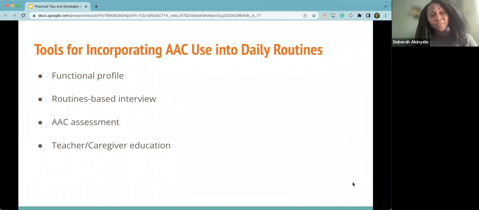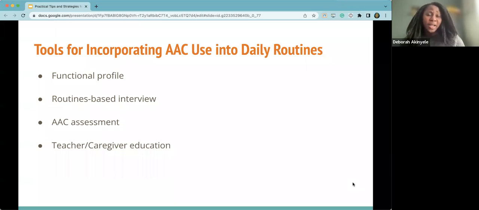And so when we talk about a functional profile, what we're really saying is, what is this client able to do, and what is this client doing every day? And so thinking about some of the typical things that every person does, you wake up, you take a shower, you eat, you use the restroom, you put your clothes on, you do all these types of things.